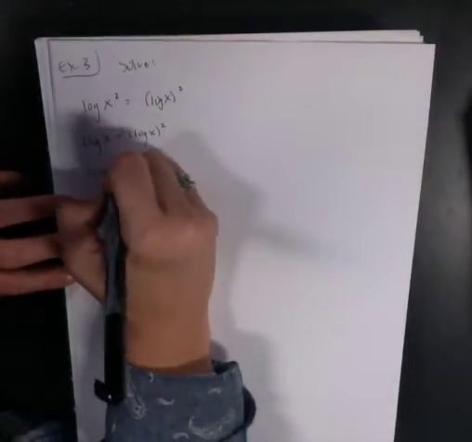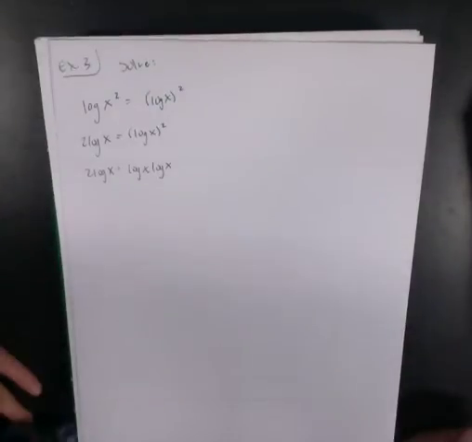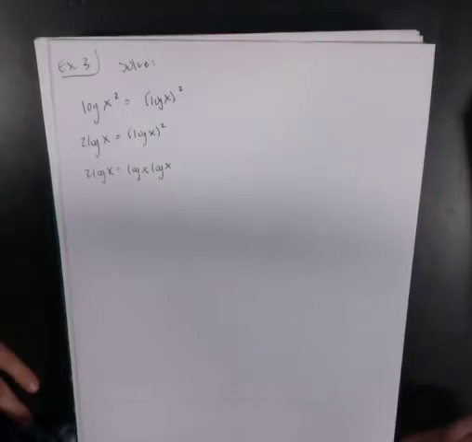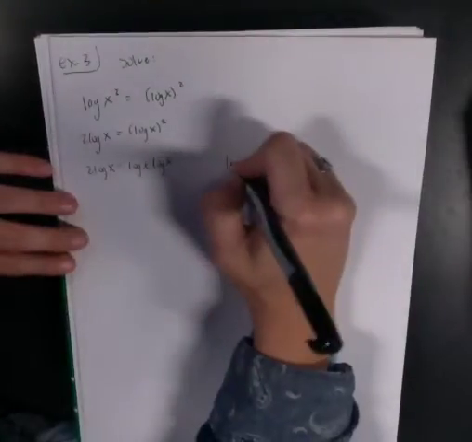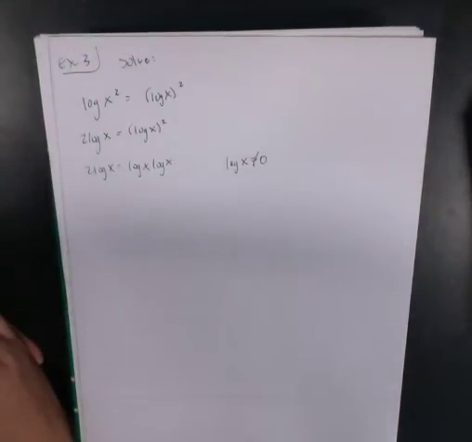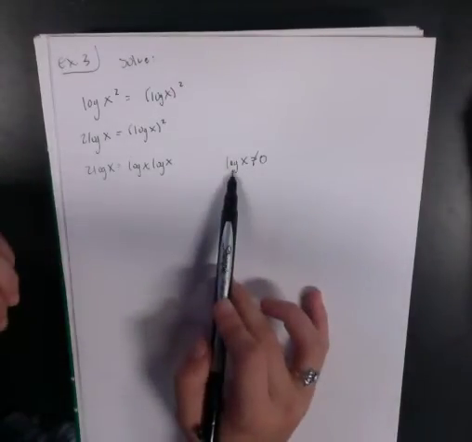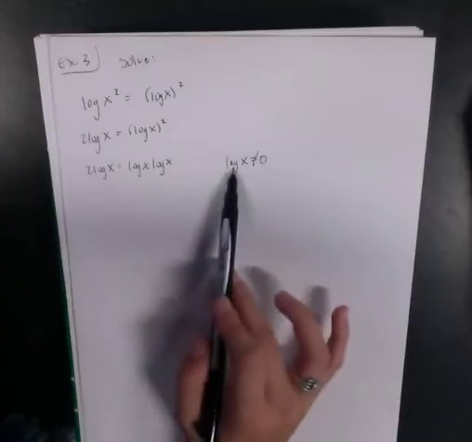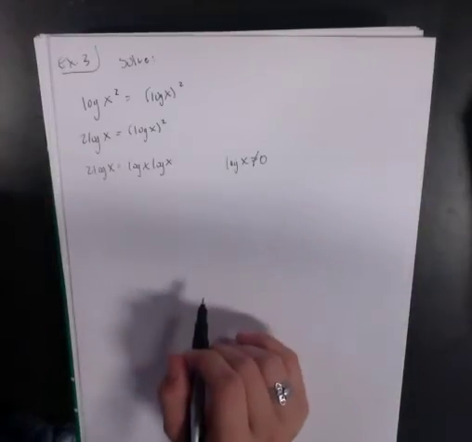I have 2 log of x equals the log of x times the log of x. What I can do is we're going to first assume that log of x does not equal 0. And we know that to be true because we're going to divide by it.